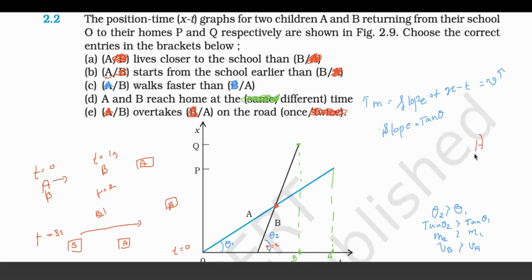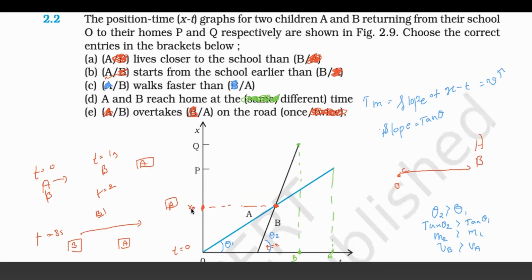Take this as A and this as B. When B is about to overtake A, this is the school. Assume the distance of the school from the two people, where they are, will be the same. So this is the same at this point. I'll take it as X0.